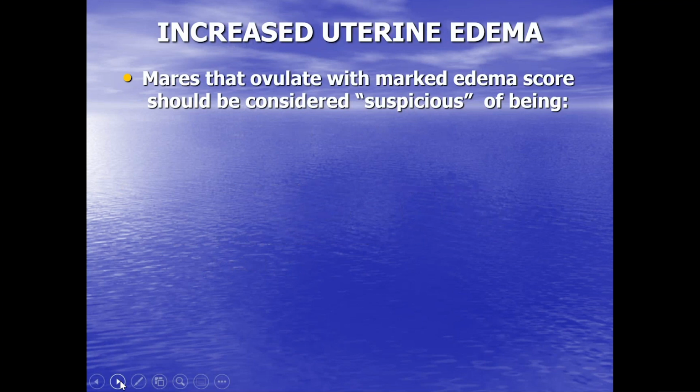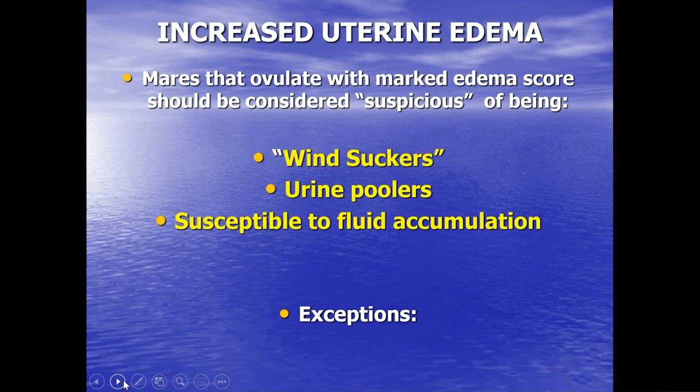Mares that ovulate with a marked edema score, and this was really what Sampa talked about in his 2007 paper, should be considered possible windsuckers, pooling urine. The uterus is getting irritated by something, and that in itself will cause an endometrial edema pattern. And the mere fact that they are susceptible to fluid accumulation, obviously, edema is fluid within the tissue.